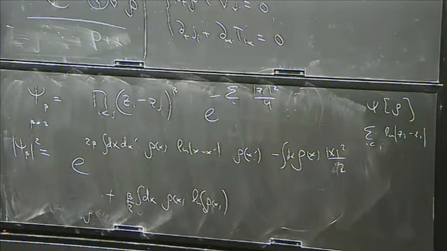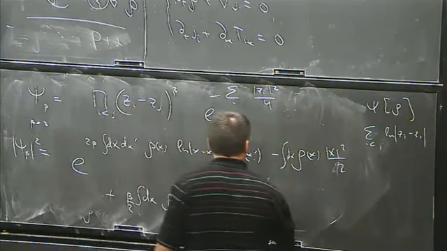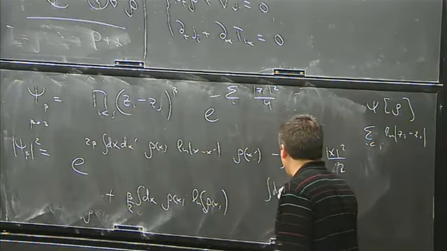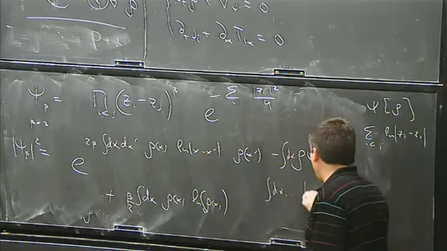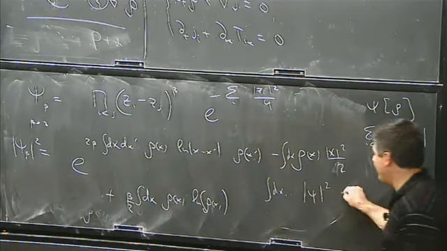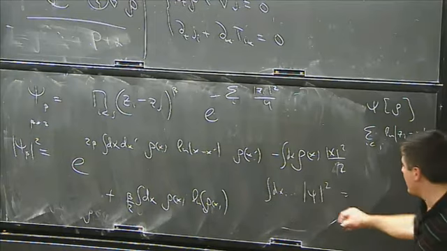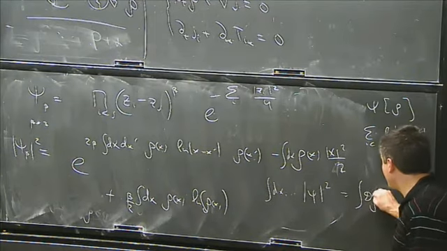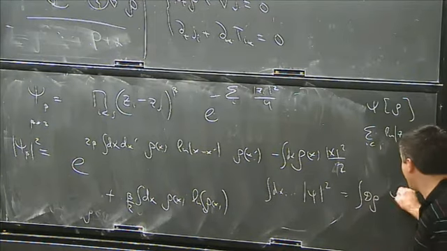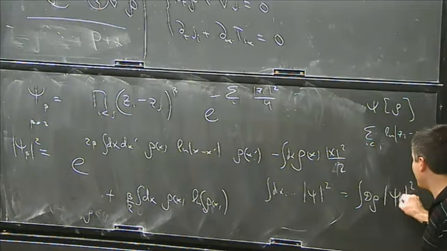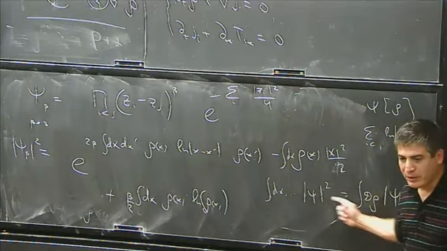And then this is not the whole story, because if I calculate, for example, the integral over particle coordinates of the absolute value of psi squared, this is the norm of the wave function, it should now equal the functional integral over all densities of psi squared, where psi is the functional of density. And there is an entropy term here, a Jacobian.